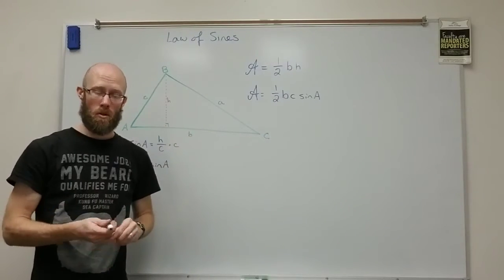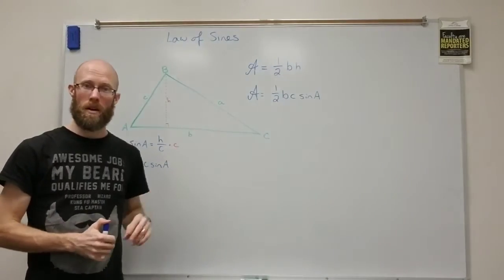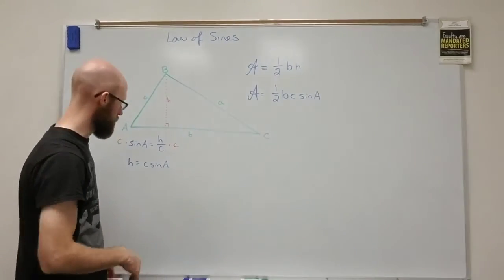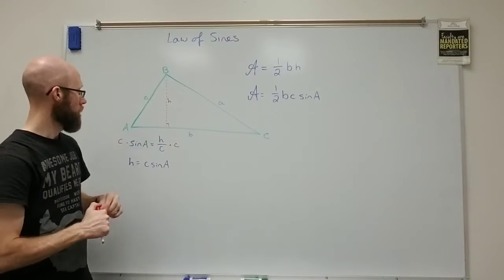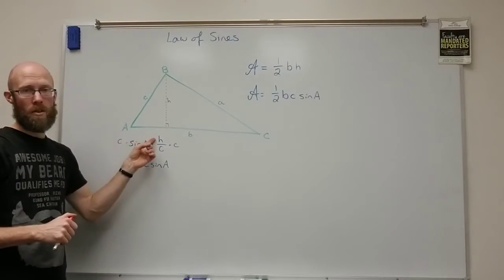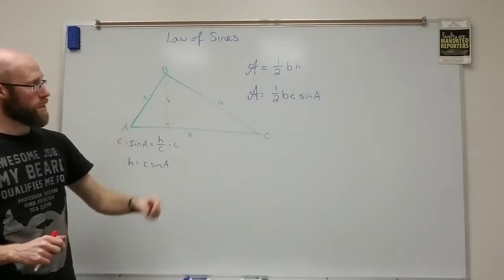I'll write the other two formulas that you could get if you run that a different way, but the derivation is the same. You set up the sine, solve for h, and then make a replacement.